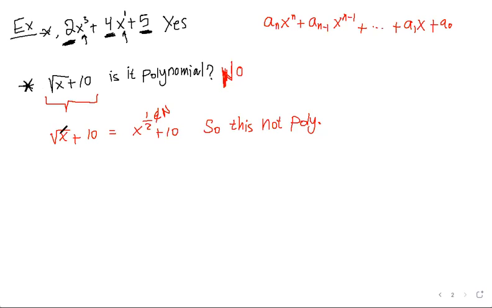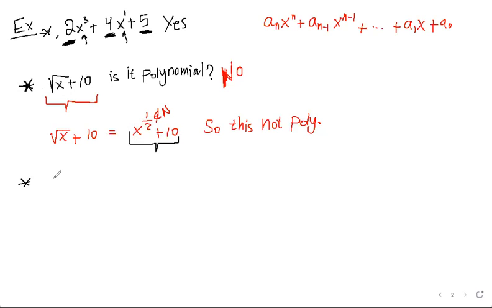But for the second part, square root of x plus 10, if we write it in a different way, radical to rational exponent, this is equal to x to the power 1 over 2 plus 10. The 1 over 2 is not a natural number. That means this is not a polynomial.